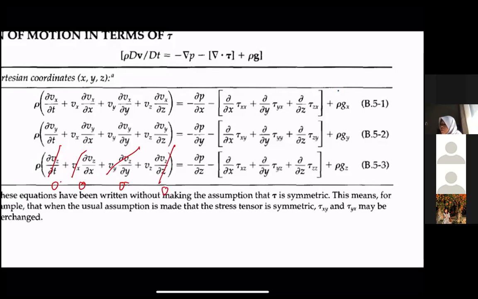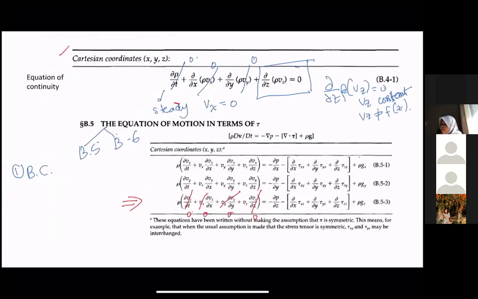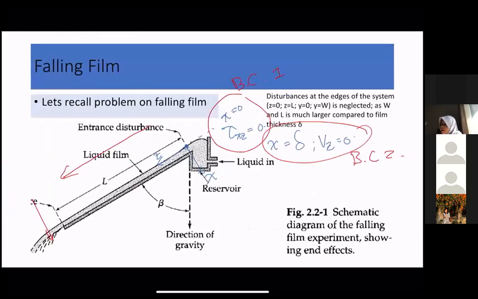Dou p over dou z. Do we have this one in our system, the falling film system? If you're not sure, go back to here. Do we have dou p over dou z?